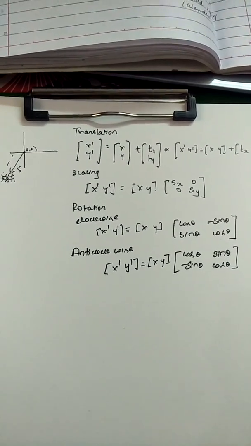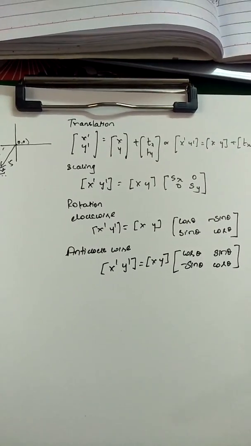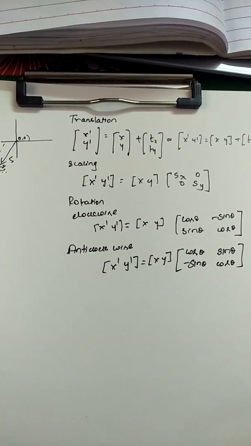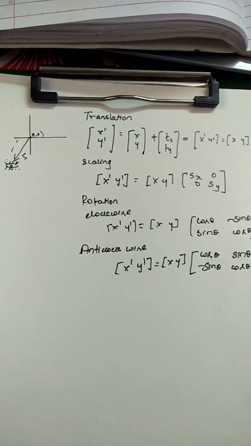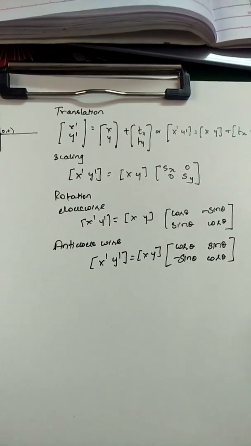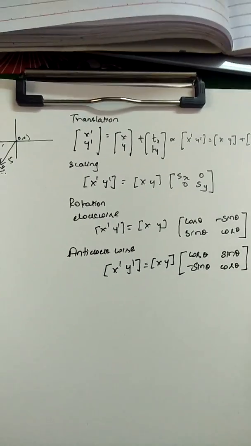So here in 2D geometric transformations, we need something called homogeneous coordinates, because all the operations here will be in terms of matrices.